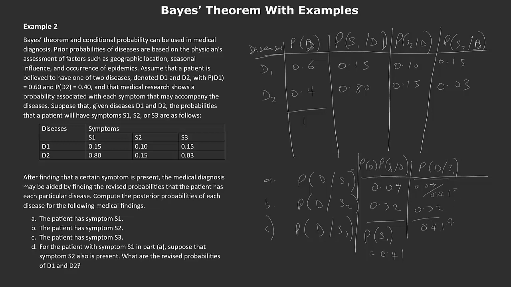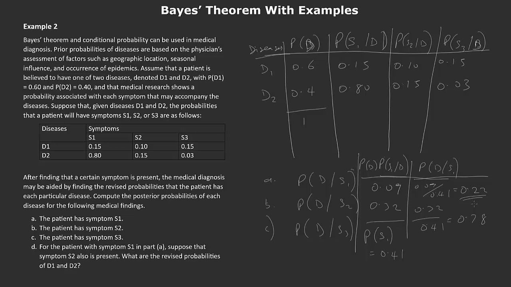And this will give you 0.22 and 0.78. So this answers the first question, which is the new belief about the chance of the patient experiencing a given disease.